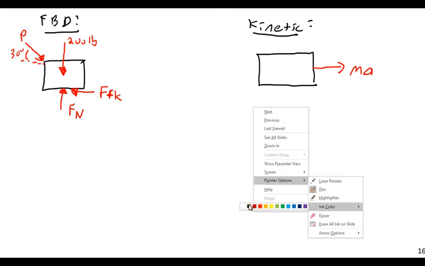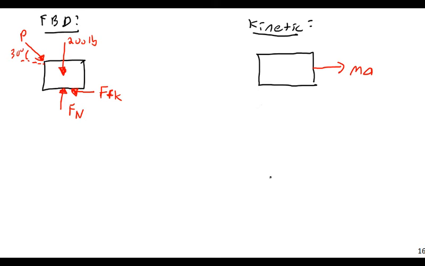Now, ma though, let's find the mass. How might we find the mass? Well, let's think about this. We need the mass of the block though. See the difficulty of this? We are given the weight of the block, but that's a force. We need a mass. So I'm going to say that mass equals weight over g. So that's going to be 200 pounds over what number?